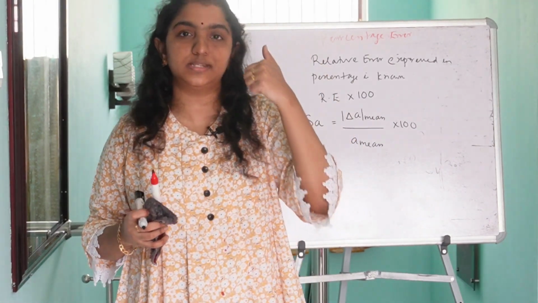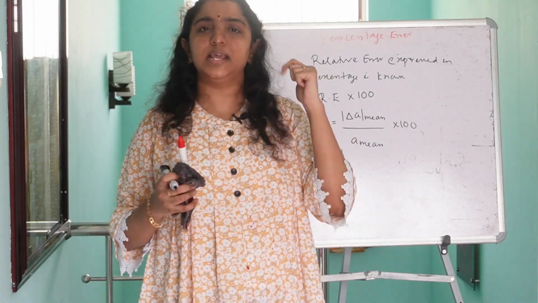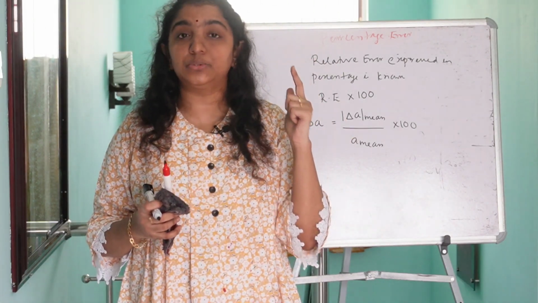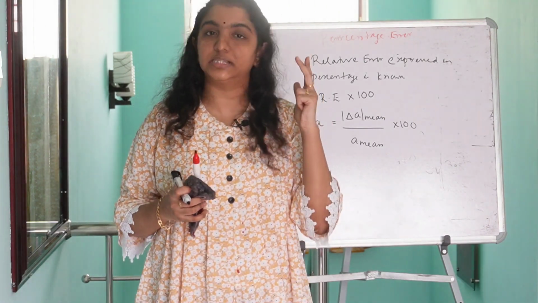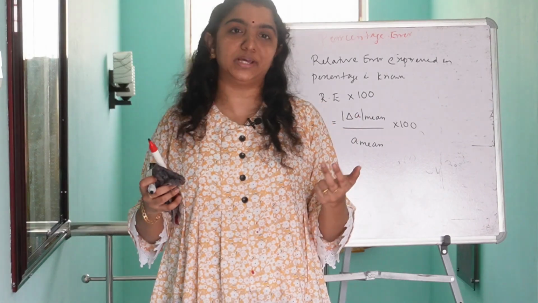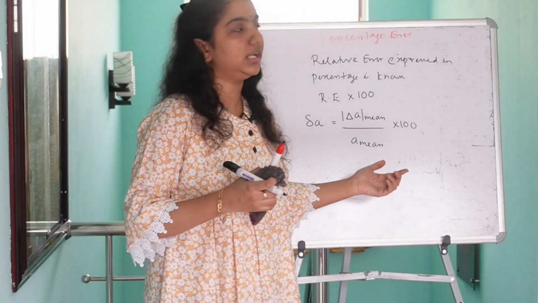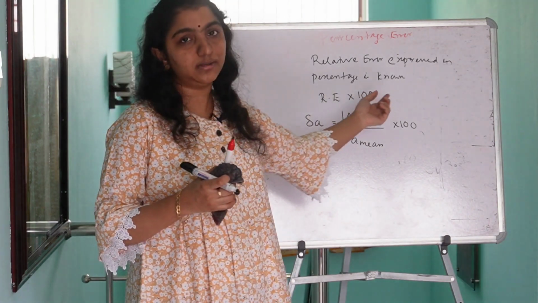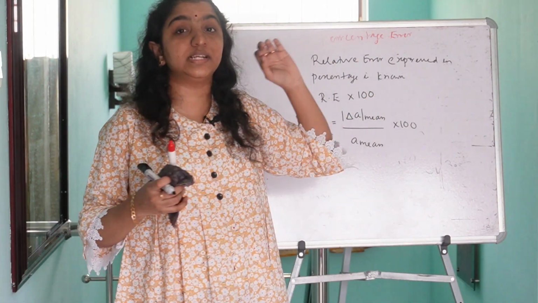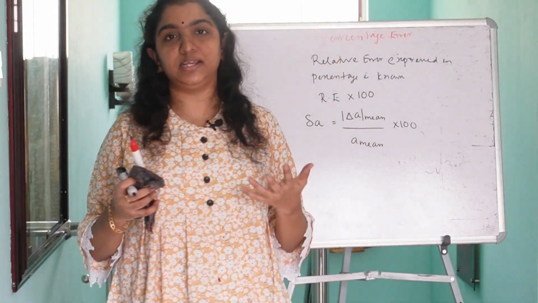The next step is to calculate the absolute errors in individual measurements. The third is to calculate the mean value of those absolute errors, and the fourth is to calculate the relative error, and finally you will find the relative error in percentage, which gives the percentage error in the measurement.